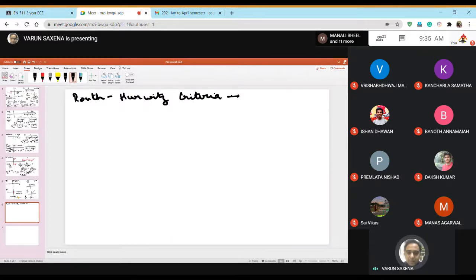It will not give you the precise location, but it will tell you they're either on the left hand side or they're on the right hand side. That is what it's going to tell you. It is going to tell you the system is stable or the system is unstable. It will tell you also how many roots are there on the right hand side of the S-plane. So these are the things that Routh-Hurwitz criteria tells you.